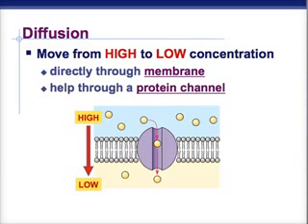So with diffusion, we move from high to low concentration. It can occur directly through the membrane, which is simple diffusion, and no energy is required, or it can occur through help with a protein channel, which is referred to as facilitated diffusion, which means with help, and no energy is needed for this either.